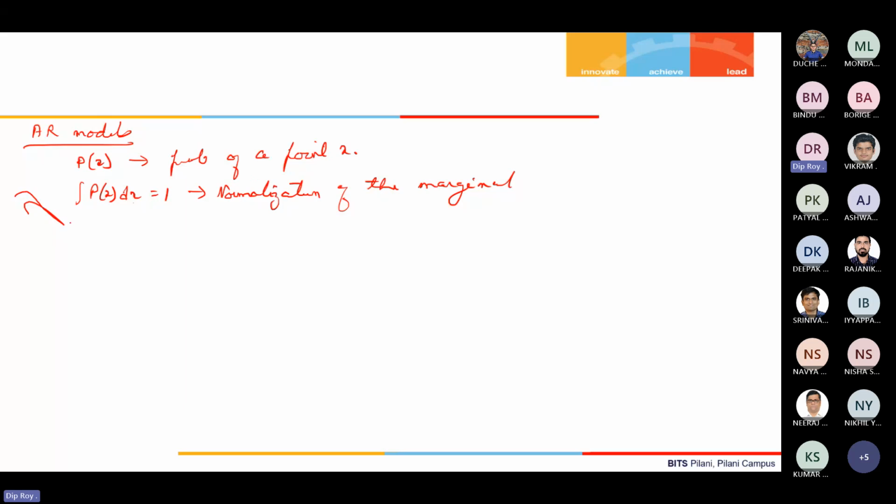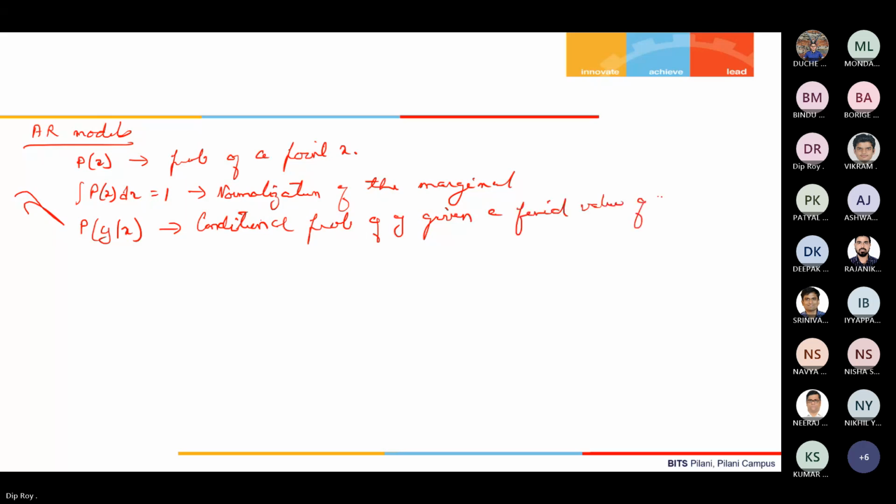Now, when we say probability of y given x, what do we mean by this? We mean the conditional probability of y given a fixed value of x. Sorry, this is not f, this is integral.